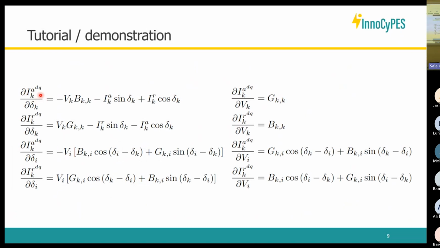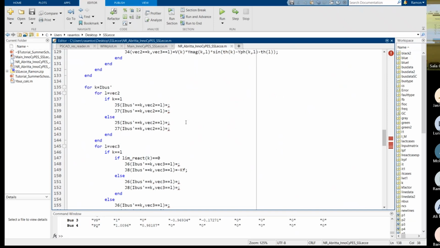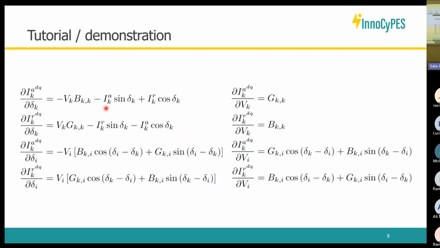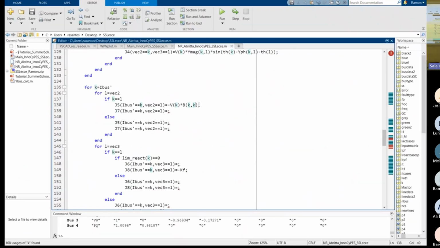So first we have the derivative of the active current in the DQ frame with respect to the phase of bus K. So it's minus V of K times BKK. B, by the way, is the imaginary part of the admittance matrix.